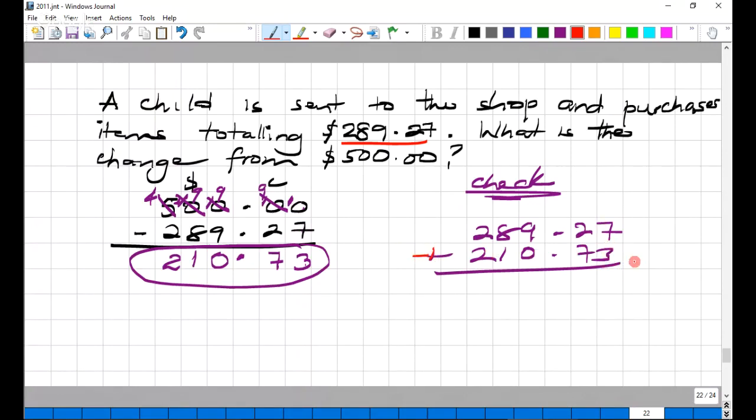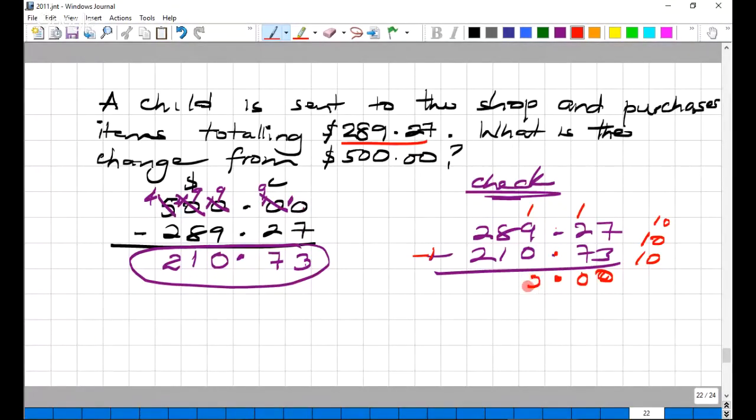3 and 7 would give us what? 10. So we're going to write 0 and carry 1. So 1 and 2 would make 3. 3 and 7 would make 10. Again, we're going to write 0 and carry 1. Okay, very good. Decimal point under decimal point. 9 and 1, 10.